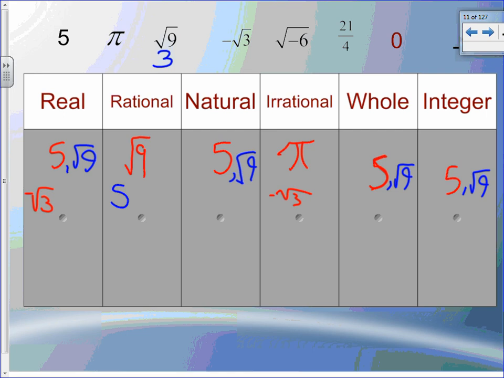Now, be careful, because it has to be a fraction where the top and bottom number are integers. Now, that's not helpful unless you know what an integer is. Who can define integer for me? Brendan? Any whole number that is positive or negative. Good. So, is square root of 3 a whole number?